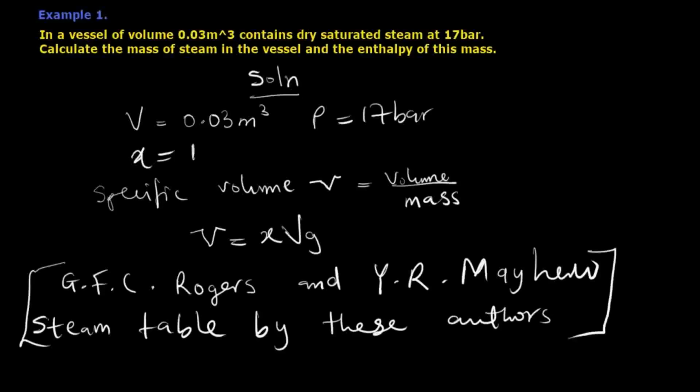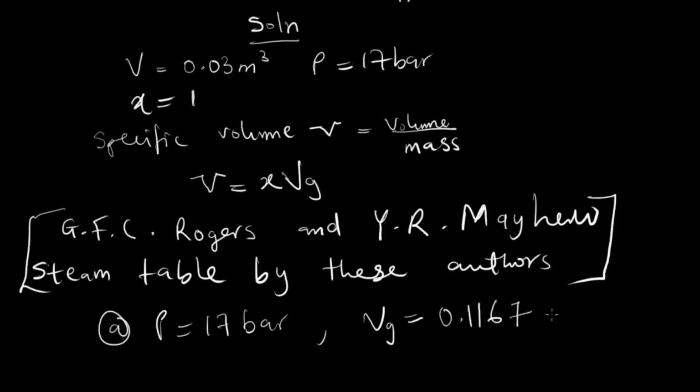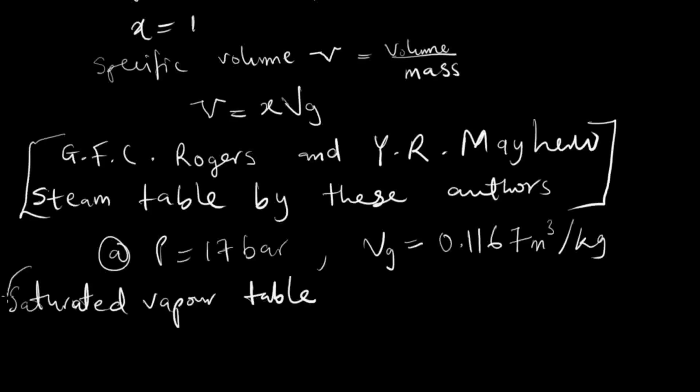It's not much. So from the steam table, at 17 bar, vg is 0.1167 meter cube per kilogram, at the saturated vapor table.